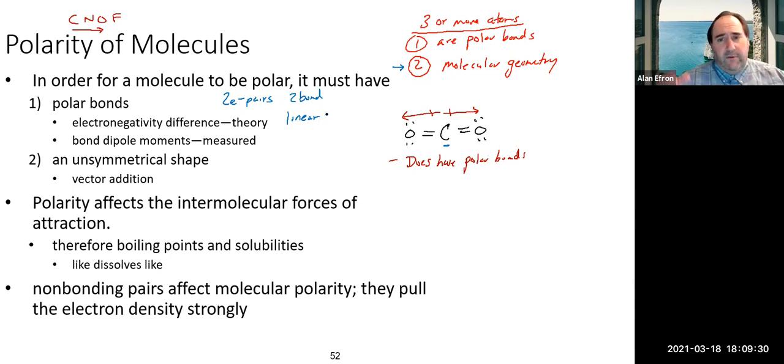So why would the molecular geometry, or the shape of this molecule, really affect the polarity of it? Well, you could just do a simple example. Basically, you have carbon dioxide in a straight line, and you have an oxygen on this side pulling, and the oxygen on the other side pulling. And literally, I am pulling on my pen here, and you can see my pen is hopefully not going anywhere.